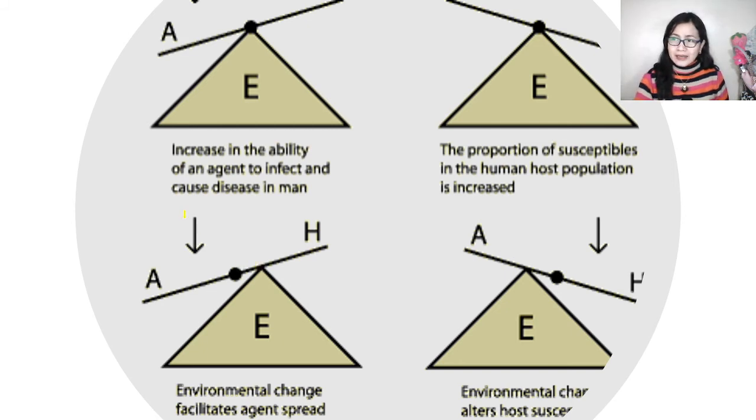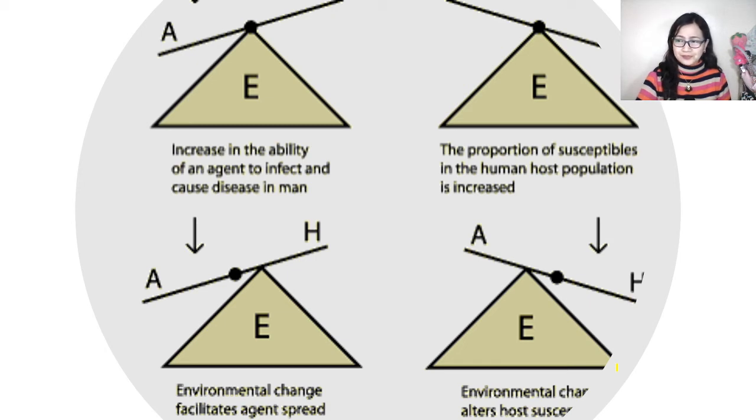So again, it is favorable to the agent. On the other hand, when you say environmental change, if it alters the host, the host now becomes more susceptible to the infection or to the agent.